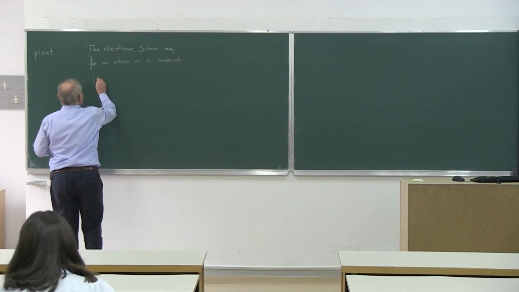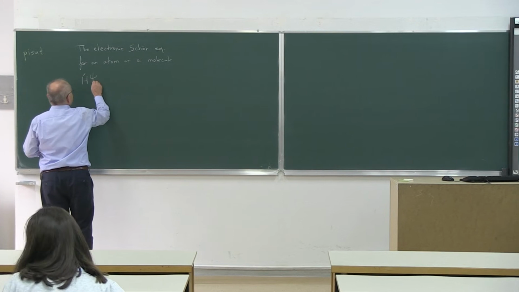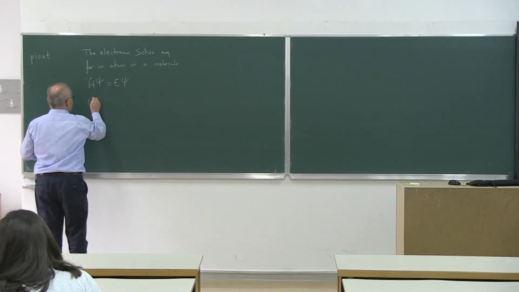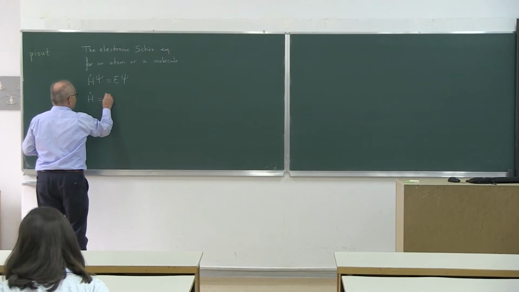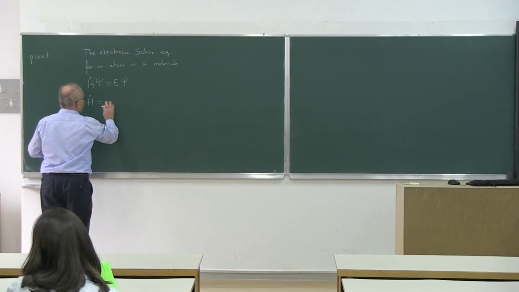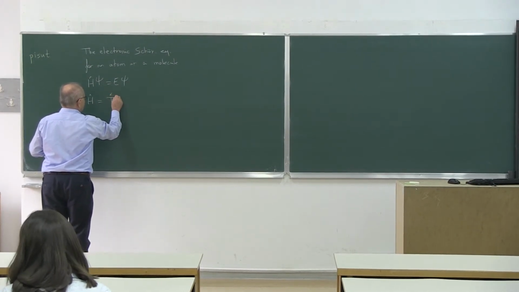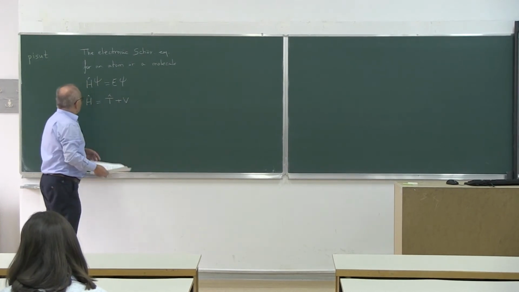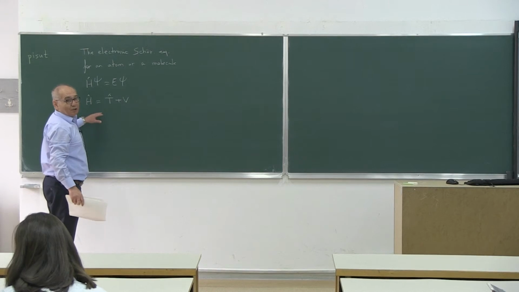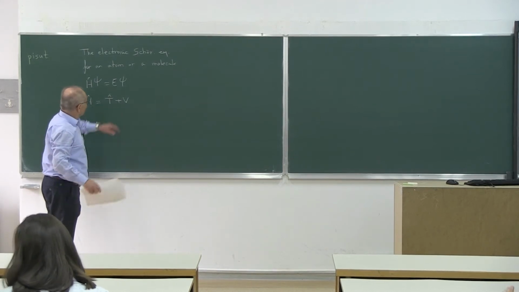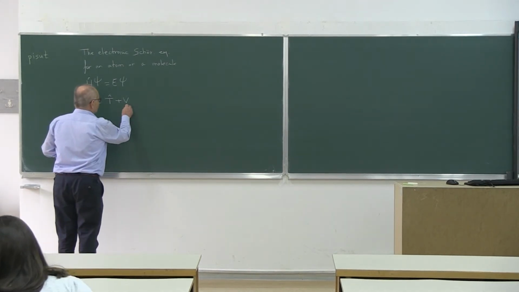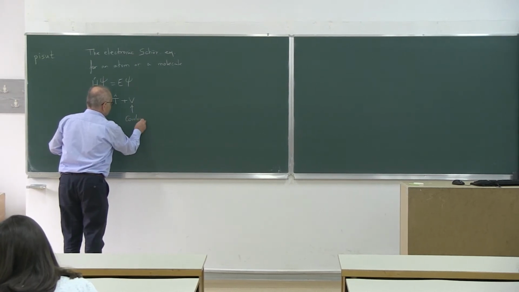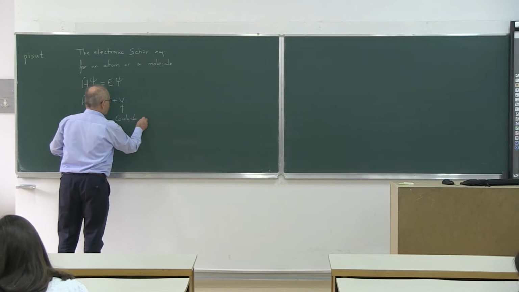So the problem: the Hamiltonian is kinetic plus potential energy, and the potential energy is Coulomb energy.